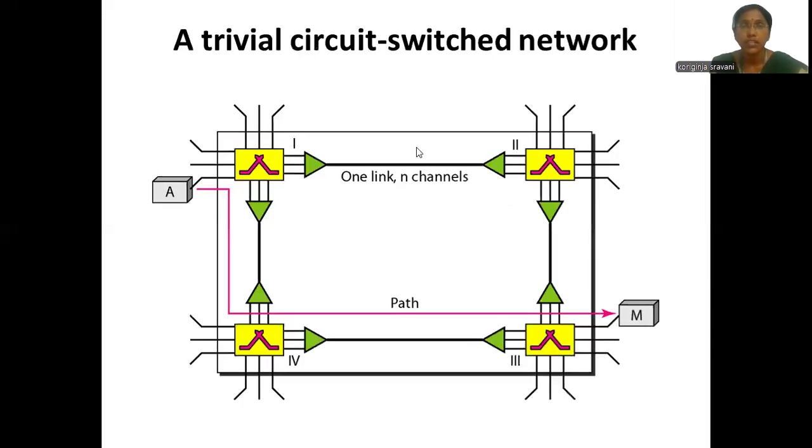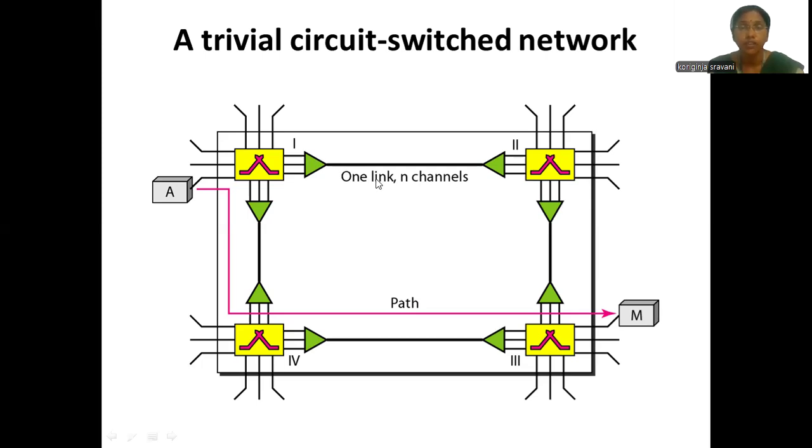So here you can see an example of a trivial circuit switched network. Here we have 4 switches, and the switch names are indicated here as 1, 2, 3, 4. Each switch is connected to the other switch with one link and n channels.